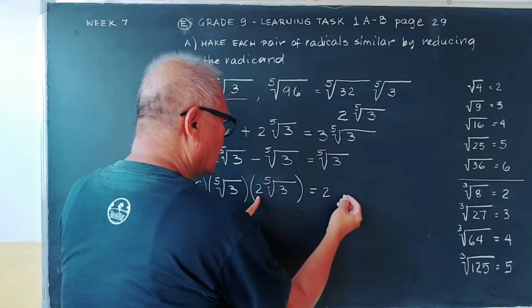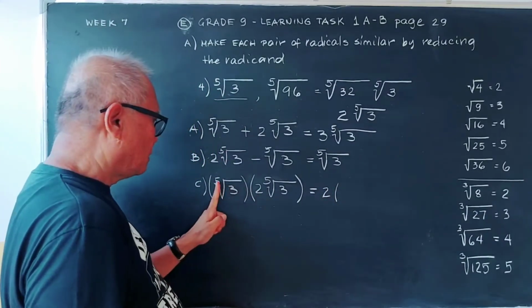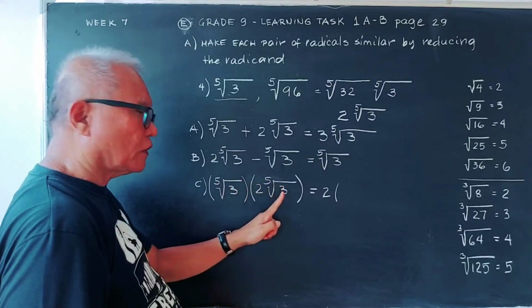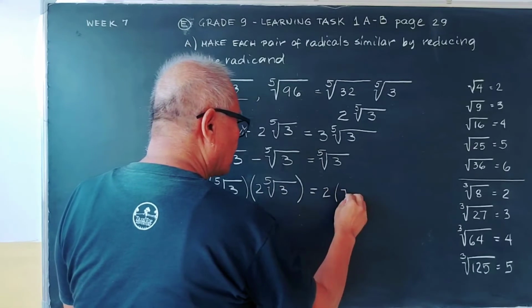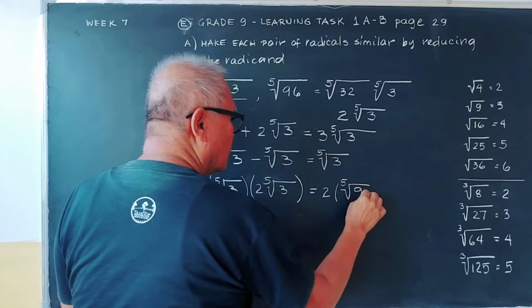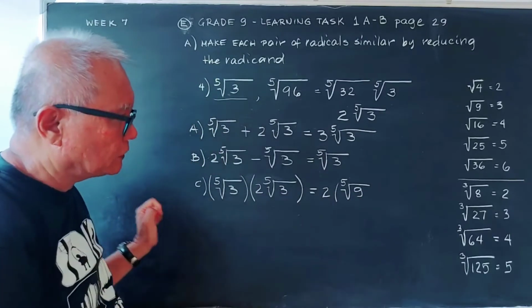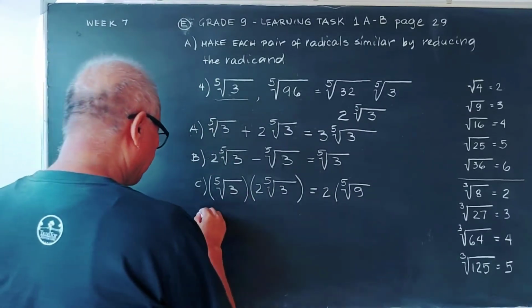Okay, 5th root of 3 times 5th root of 3, so you have 3 times 3 is 9, so you have 5th root of 9. Hindi pwedeng 3. Kung square root, pwede.